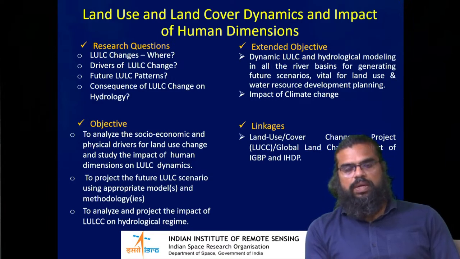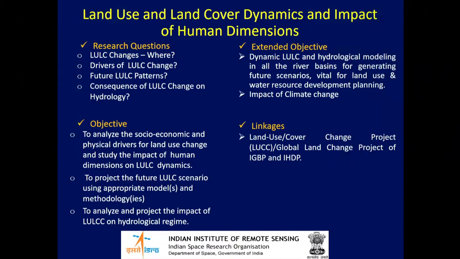So three decades of changes, especially for the whole of India, and then the corresponding impact on different hydrological regimes. That was the basic objective and the basic research question we started with. Then we collected a lot of socioeconomic data sets, and based on those we should be able to predict how the future will look.